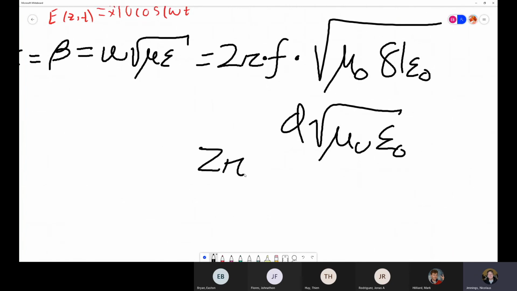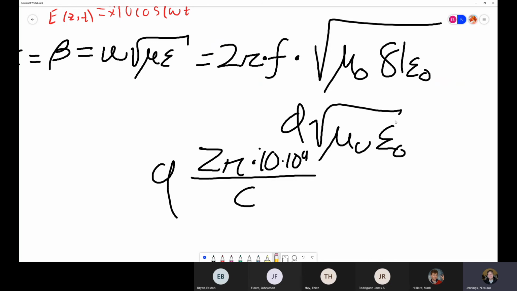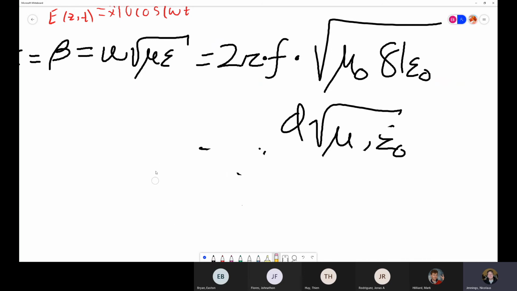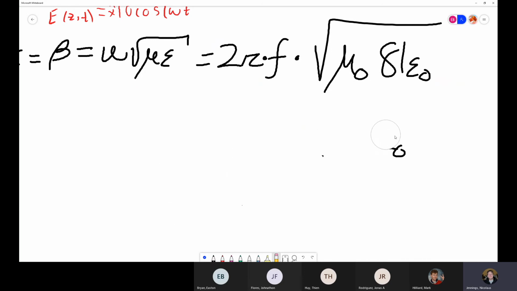Then we have 2 pi times 10 to the 9, 10 gigahertz, and then we're dividing this by c, and it's multiplied by 9. Sorry, this is so messy. Let me rewrite this. 2 pi times 10 times 10 to the 9, 10 gigahertz.